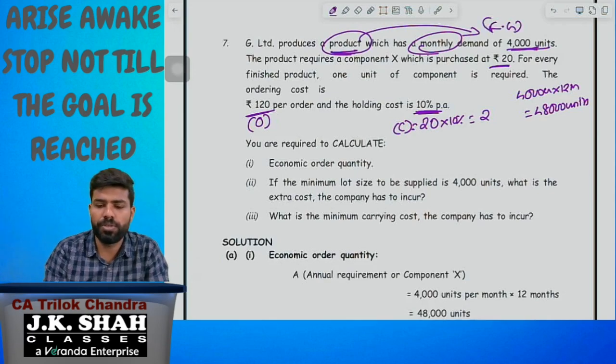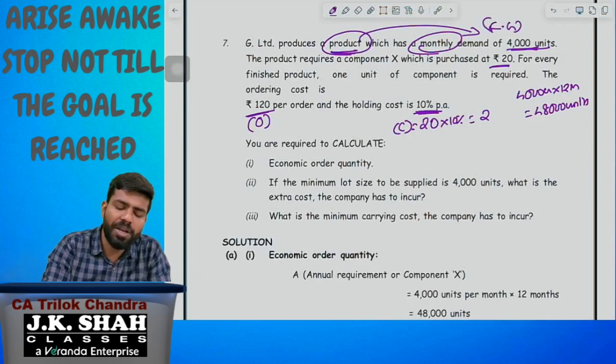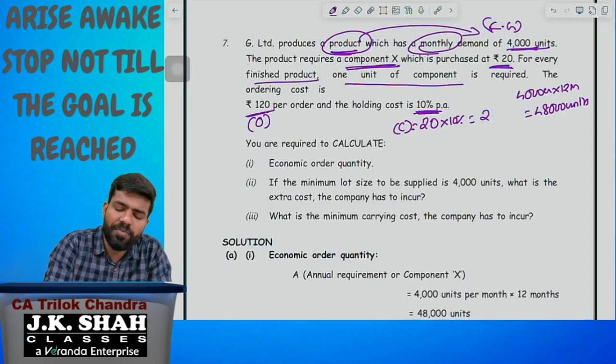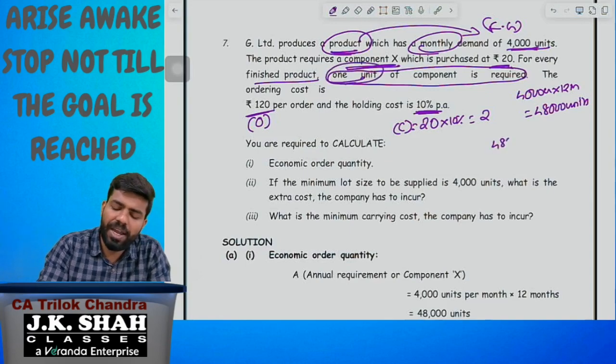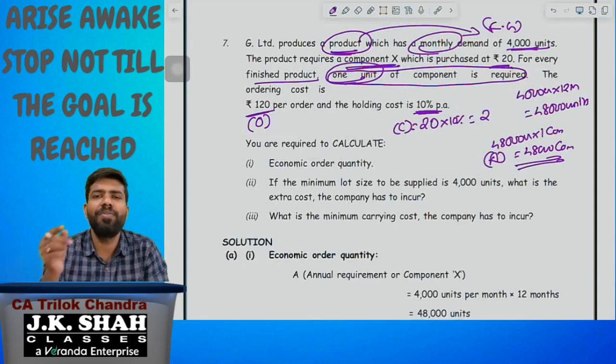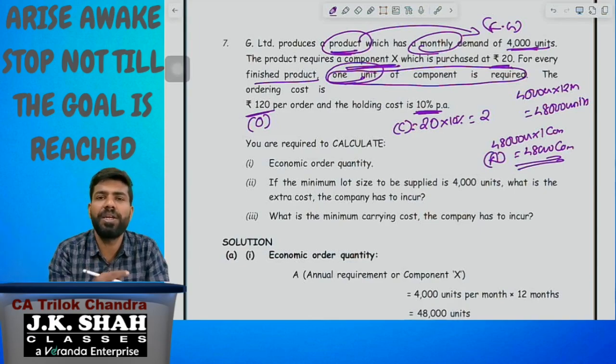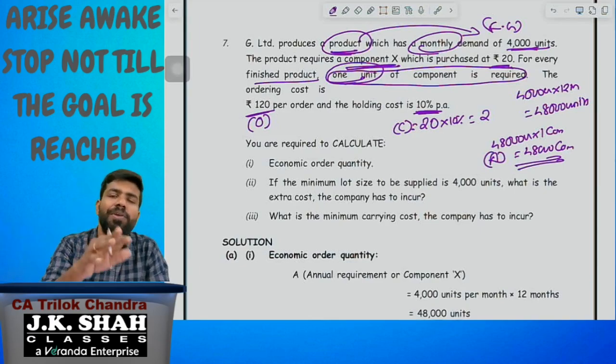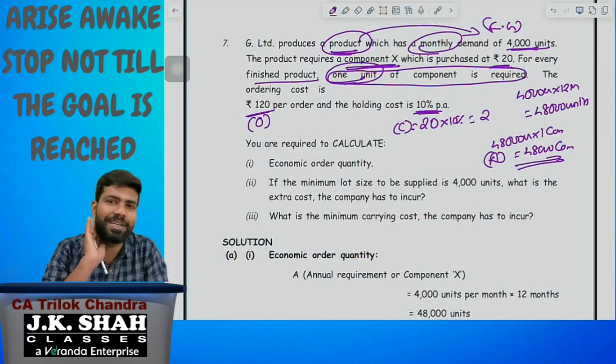The product requires component X, purchased at 20 rupees. For every finished product, 1 unit of component is required. Luckily, they gave 1 unit. So 48,000 units into 1 component equals 48,000 components, the annual requirement. So even if you take 48,000 directly, your answer will be correct.